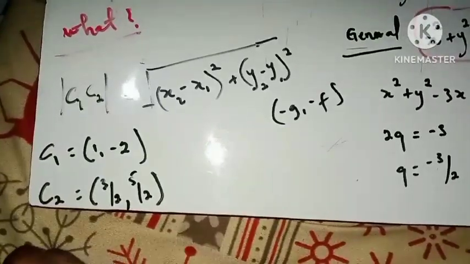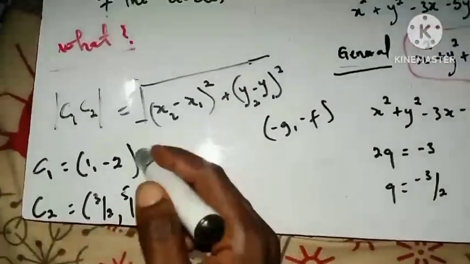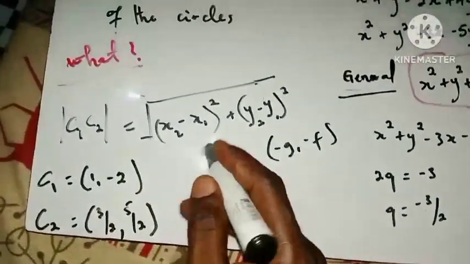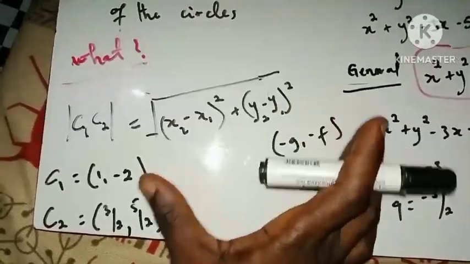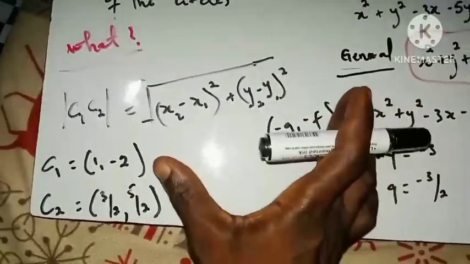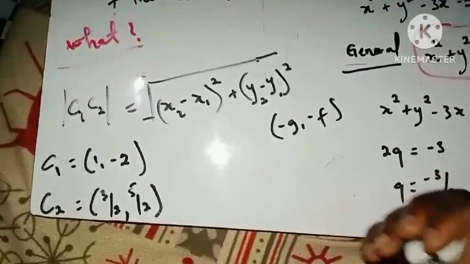Now these are the two centers that we have. With these two centers, we can easily find the distance between them, just like having 2 points and wanting to find the distance between them. So let's plug them inside this definition.